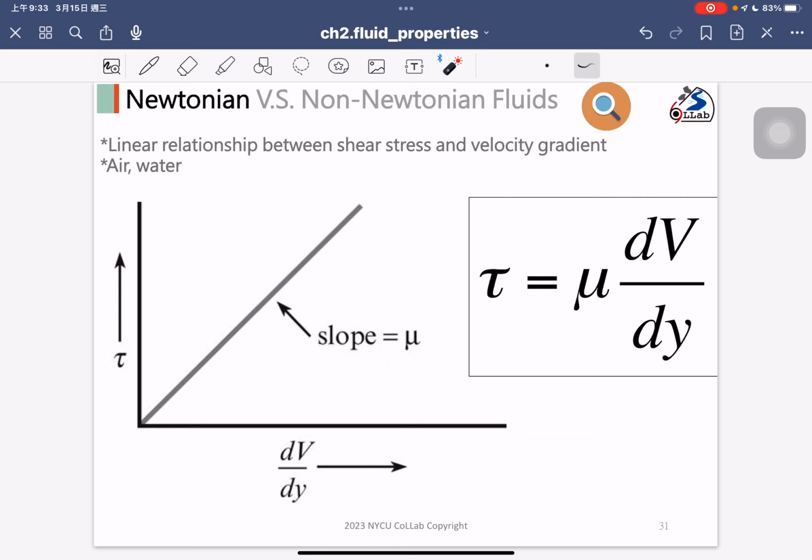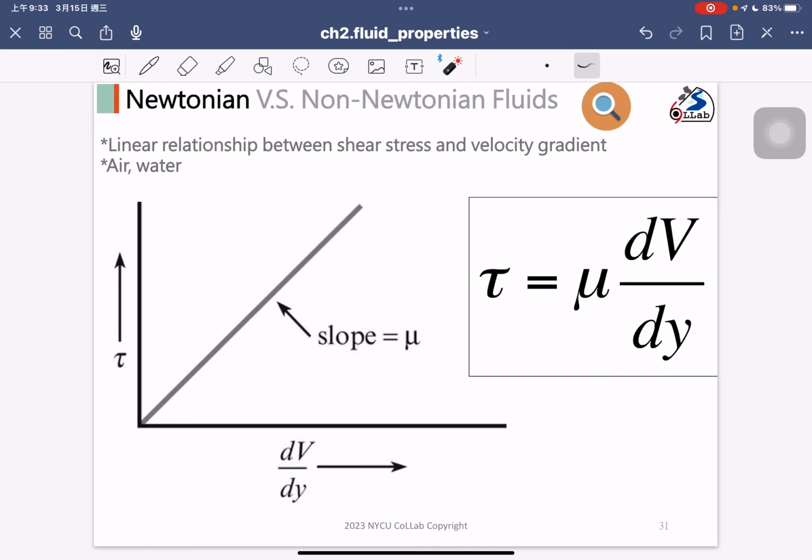The viscosity equation also will be helpful to identify the fluid type. So there are two fluid types, Newtonian and non-Newtonian. So how different are they?